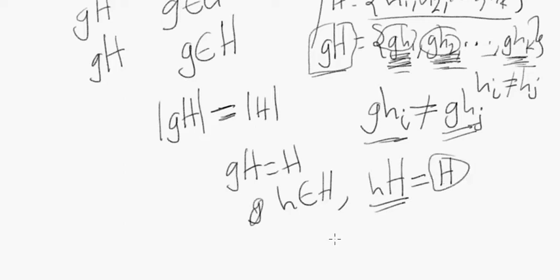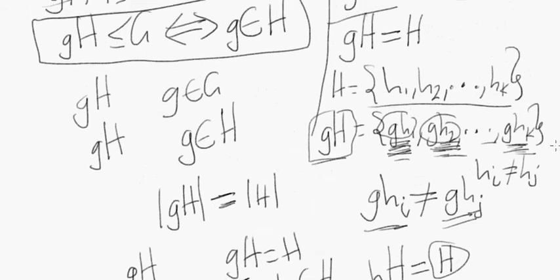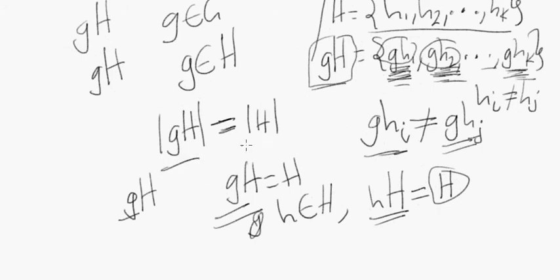And so this gives us some other interesting property of these left cosets. We could do left or right, but in this case, mathematicians typically like to work with the left coset instead. In particular, another important thing to note is that here we said if little g is an element of H, then the size of gH is the same as the size of H. Okay, that's what we established.